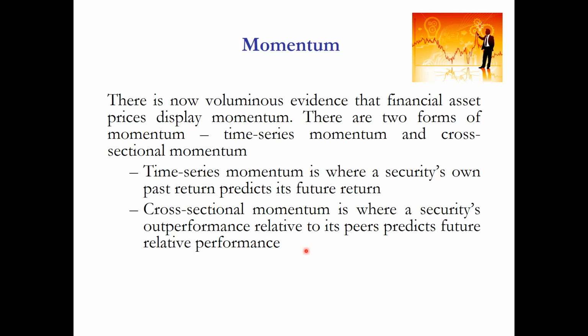Based on performance across that intermediate period, you then rank all stocks from best performing to worst performing. The idea of cross-sectional momentum strategy is that you take a long position in those stocks that perform relatively better over the evaluation period, and you take a short position in those stocks that perform relatively worse.